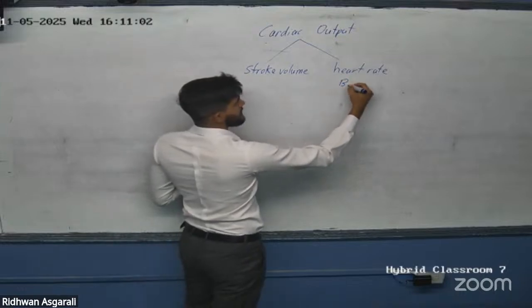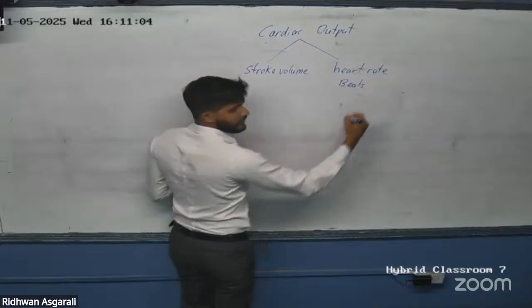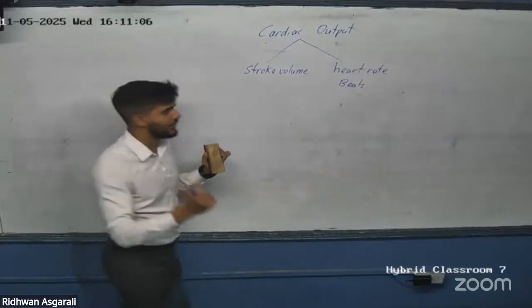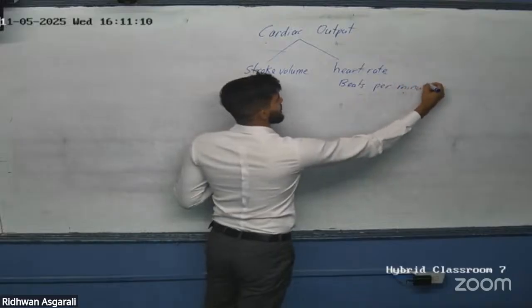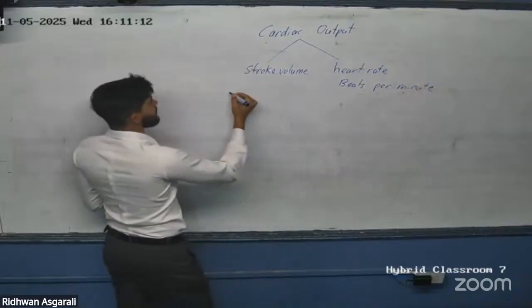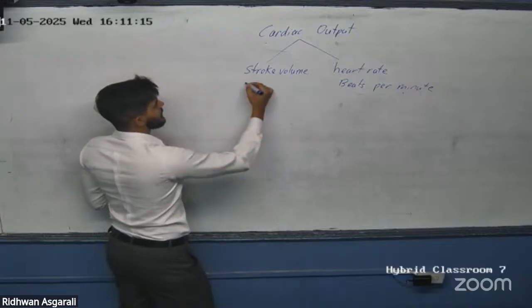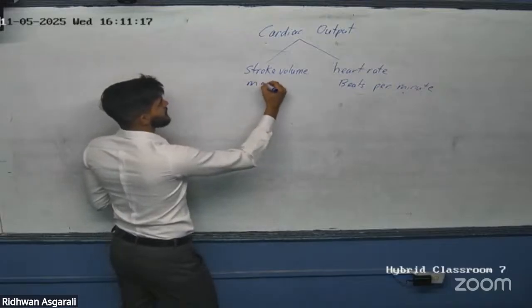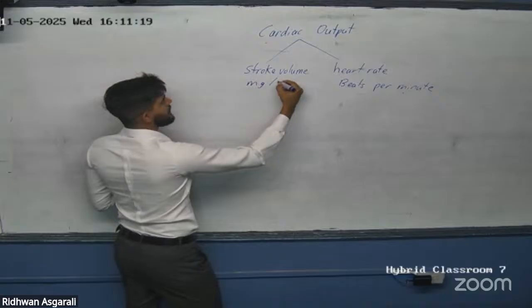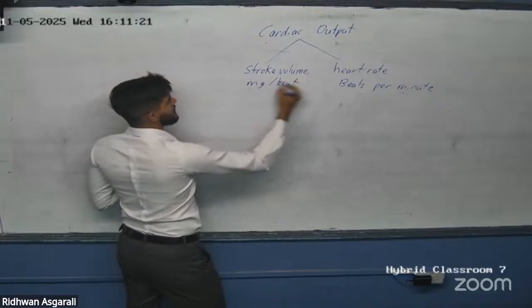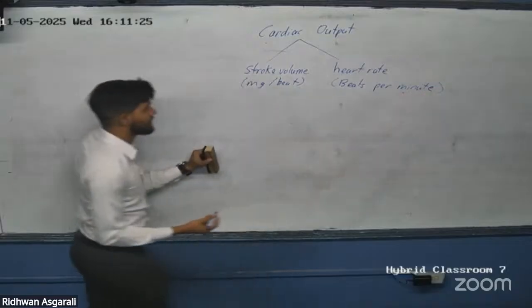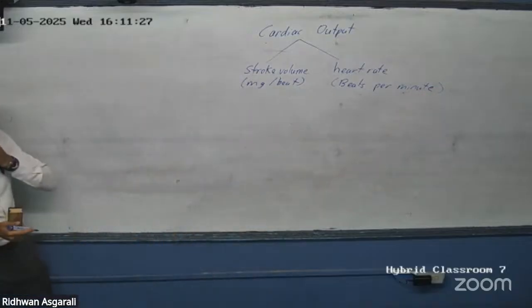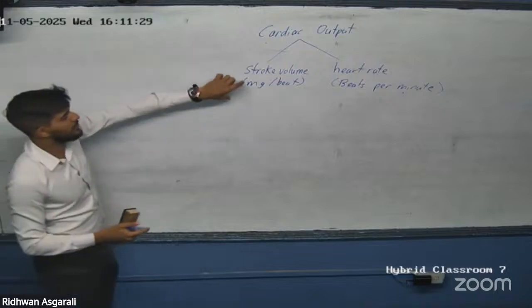So heart rate is beats per minute. And the stroke volume is milliliters per beat. So if you all remember the units that measure them, you should be able to remember the definition. Right? And both of them make the cardiac output.